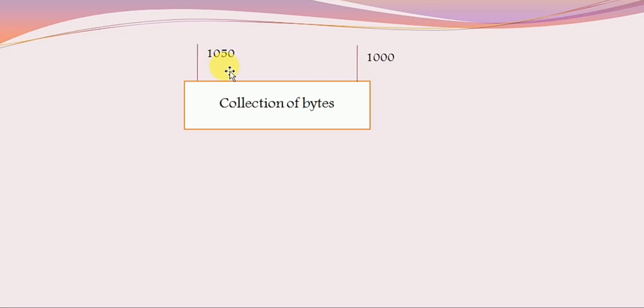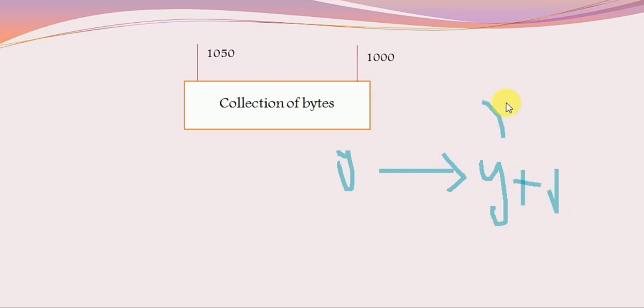Let us consider this as the data I want to send, and I am considering this data as Y. When the receiver receives this data, it should send an acknowledgement to the sender as Y plus 1. So this is the acknowledgement number the receiver has to send.